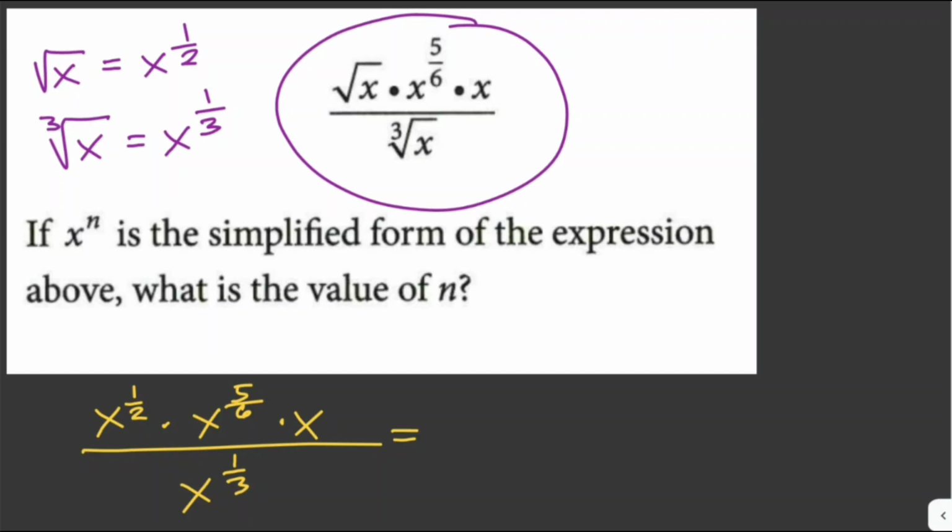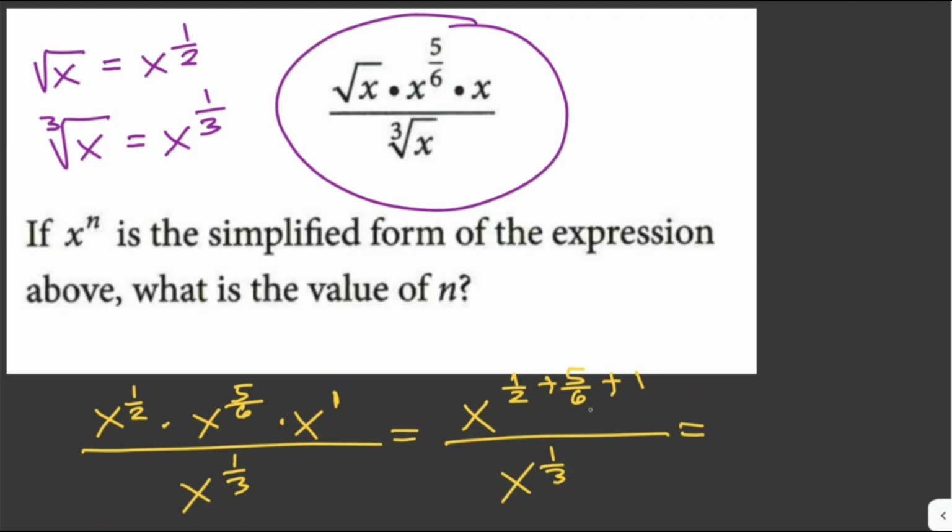Since we have the same bases here, by the law of exponents, we just have to add the exponents if the terms have the same base. So our numerator would become x to the 1/2 plus 5/6 plus 1, because the exponent here is just equal to 1, over x to the 1/3.